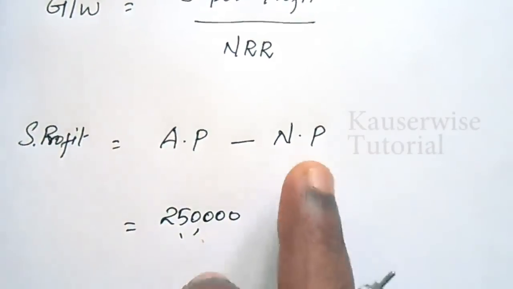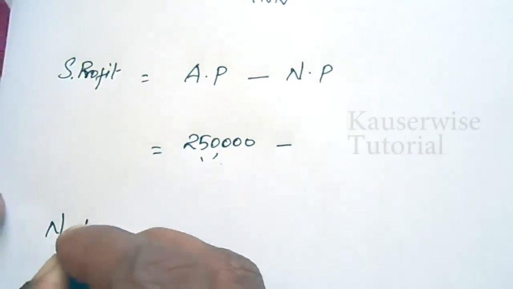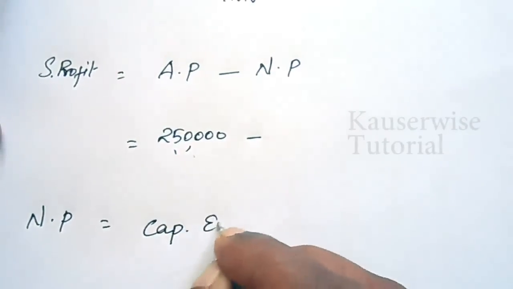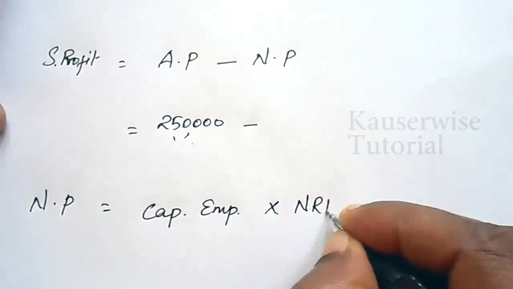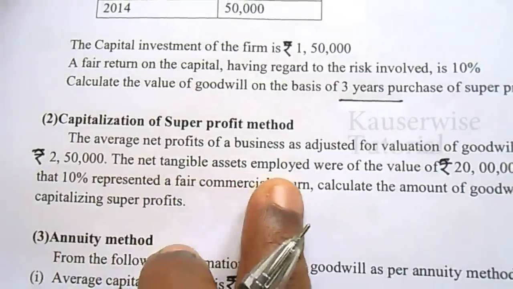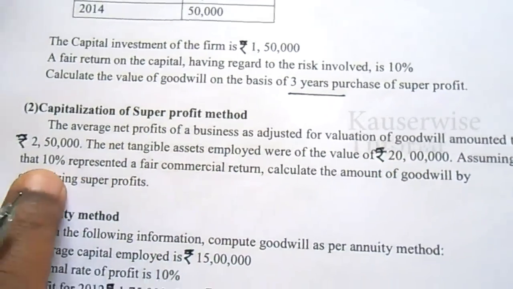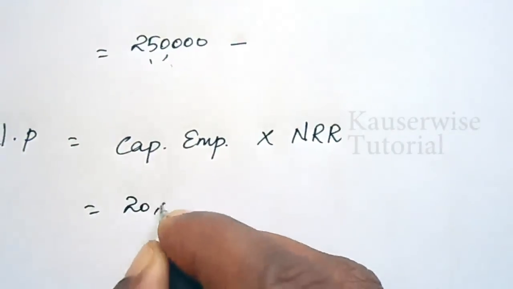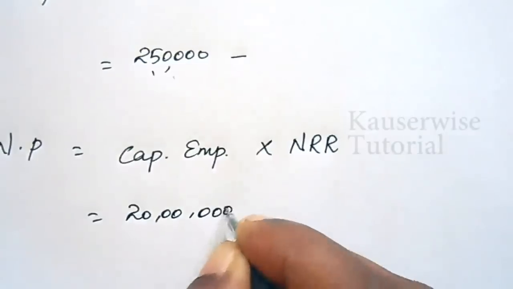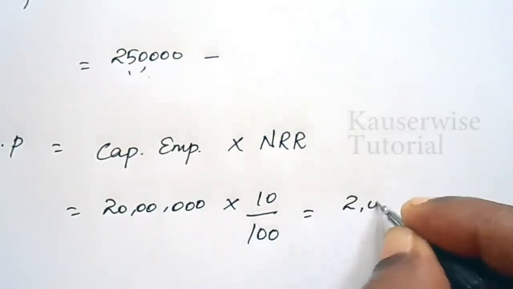Now you need to find the normal profit. So what is the formula for normal profit? Capital employed into NRR. See, the net tangible asset is called capital employed. How much? 20 lakhs. NRR is 10%. So capital employed 20 lakhs, NRR 10%, 2 lakhs.